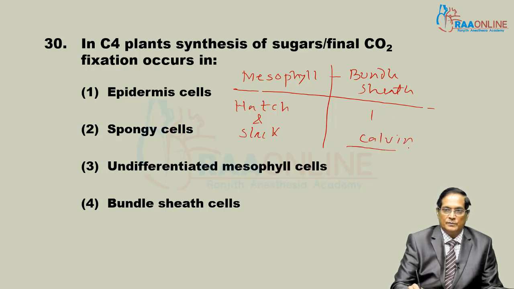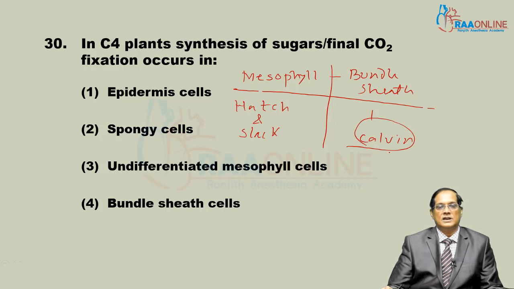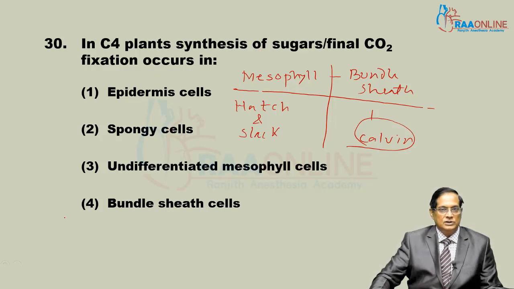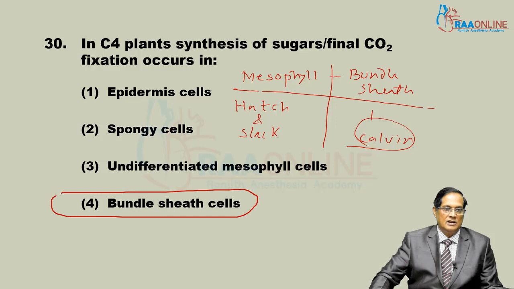And sugar formation is done by the Calvin cycle. So in C4 plants, synthesis of sugar or final CO2 fixation takes place in the bundle sheath cell.